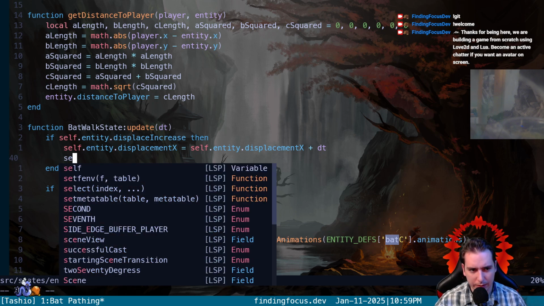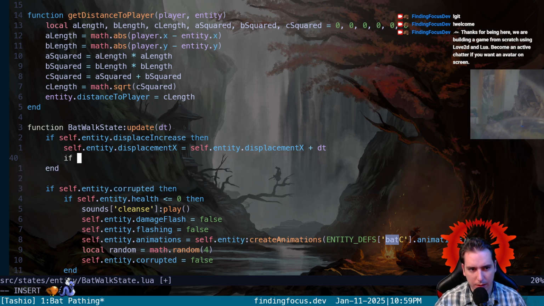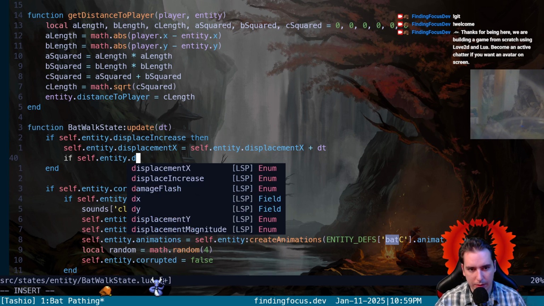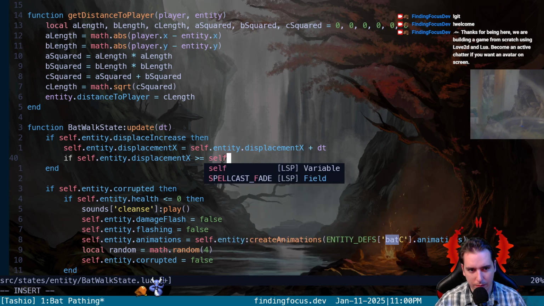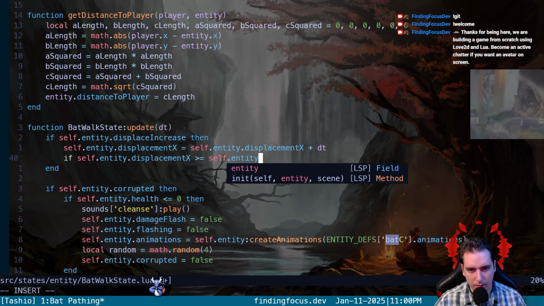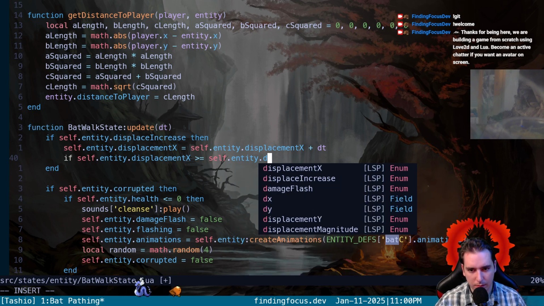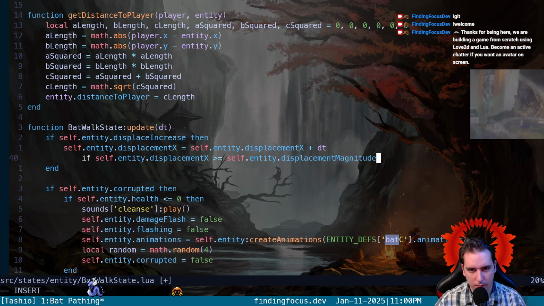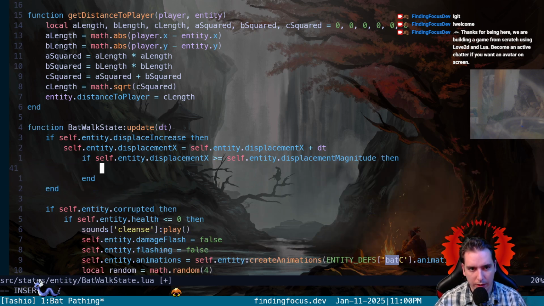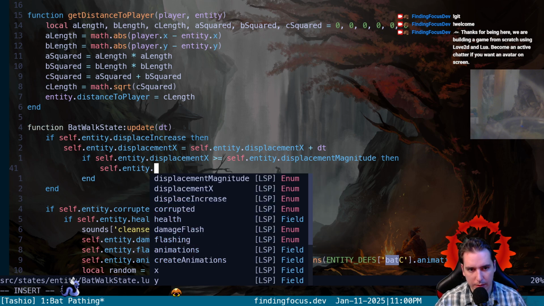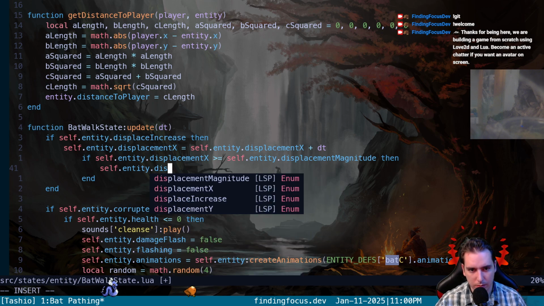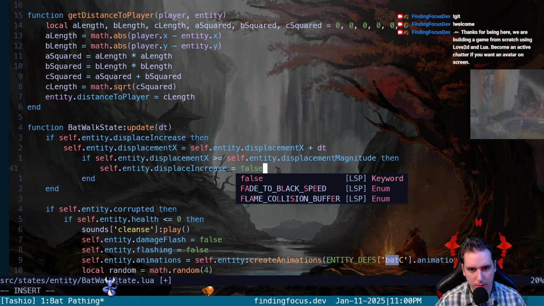So we can say if the self.entity displacement x is greater than or equal to the magnitude that we're trying to displace, then we want to become displace decrease, essentially. So displace increase gets false.